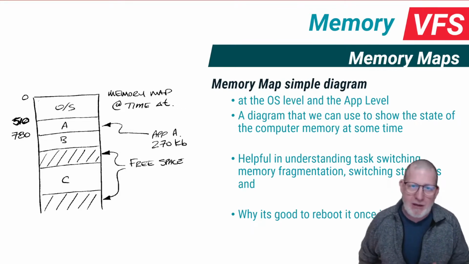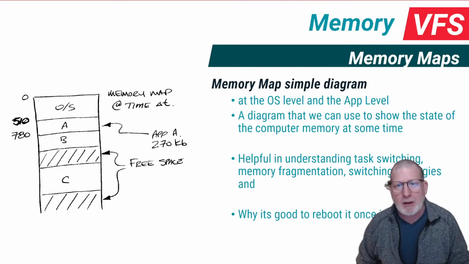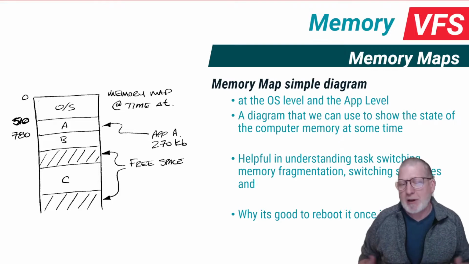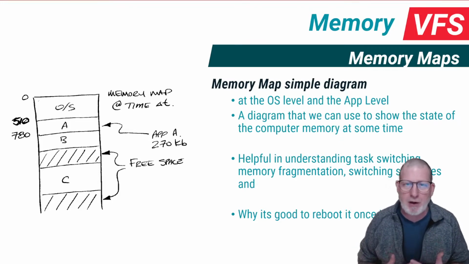Because that fragmentation never really goes away unless you shut down all your applications, as a developer it's helpful to reboot your machine semi-periodically. I would say at least once a week. I say that out of habit, but I can tell you I almost never shut my machines off.